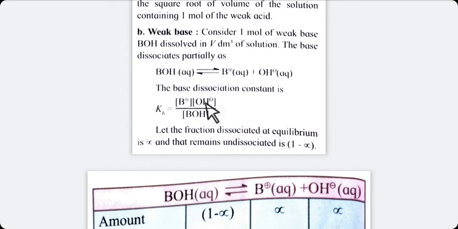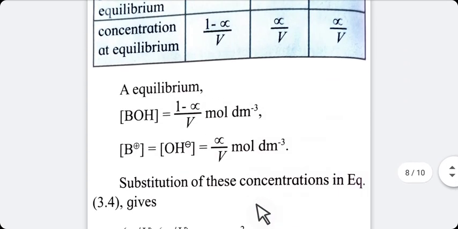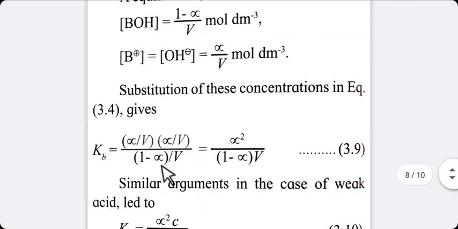So your formula will be Kb is equal to concentration of B plus, alpha upon V, concentration of OH minus, alpha upon V, and concentration of BOH, 1 minus alpha upon V. So the formula will become Kb is equal to alpha upon V into alpha upon V upon 1 minus alpha upon V. Same solution: alpha square upon V square divided by 1 minus alpha upon V. This V will be cancelled by this V square.